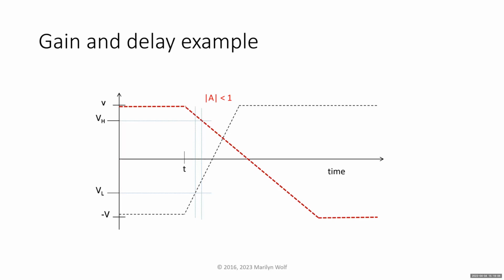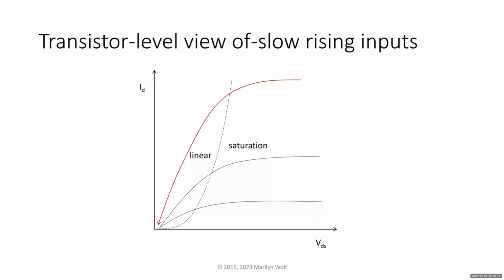I haven't talked too much about the transistor curves yet, but let's take a quick look at that view. The x-axis is the voltage across the transistor, across the channel, and the y-axis is the current through the channel. The red line here is the current curve for, say, the power supply voltage inputs.